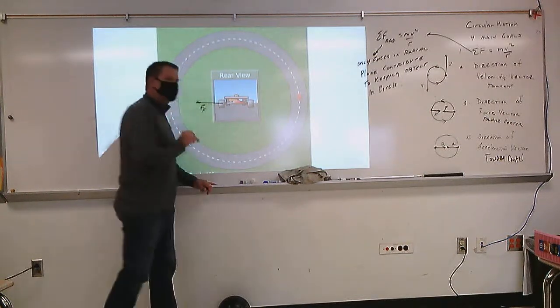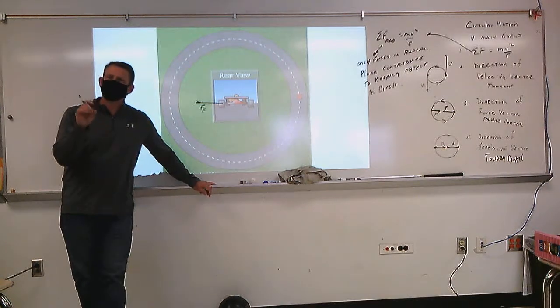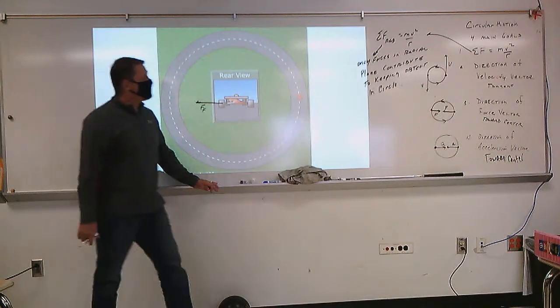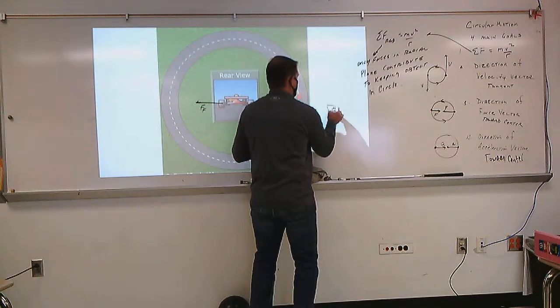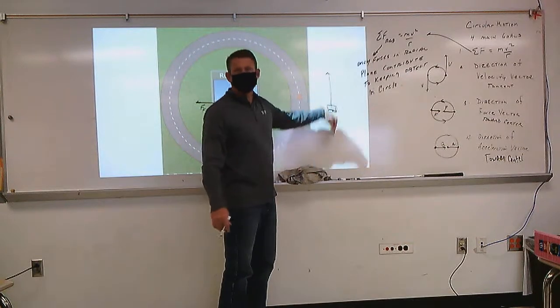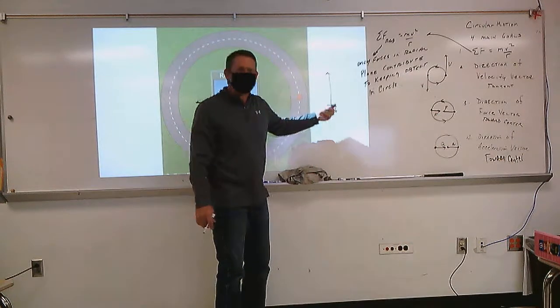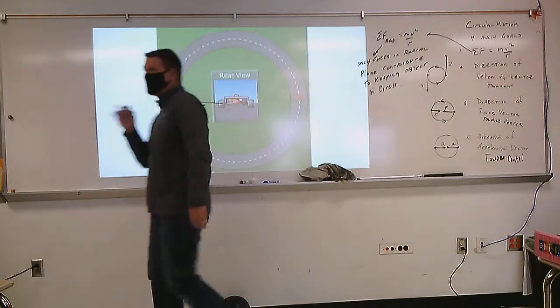Friction is actually the force that provides the centripetal force to keep the car in the circle. Now, if the car were traveling straight and you put the brakes on and skidded, then friction would act back against it, right? But in this particular case, it's friction's job to keep the car in the circle.